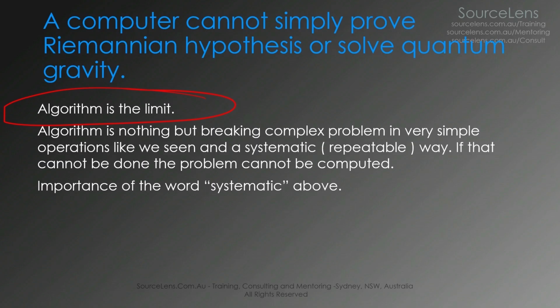We just added the first number and the rest of the numbers. It doesn't matter whether it's 100 numbers or 200 numbers. We just repeated the same operation which we did on the first two numbers. That kind of systematic repetition is needed. And if that cannot be done, the problem cannot be computed, like the previous problems we have seen. This word is pretty important. Any questions so far?